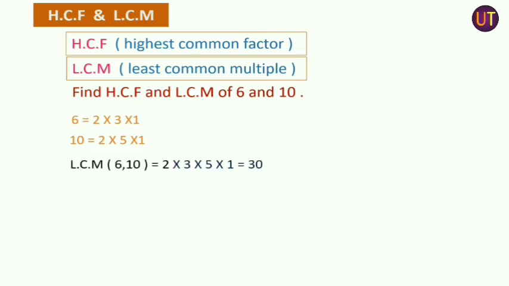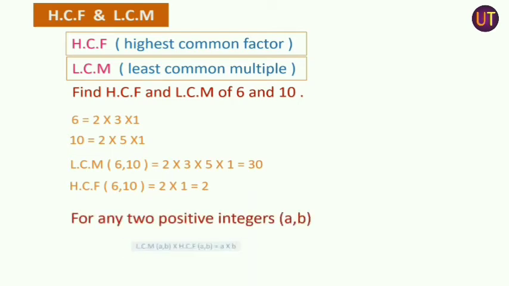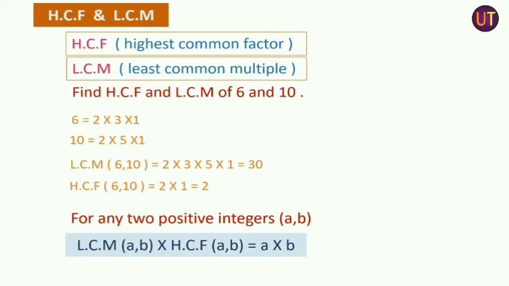So the LCM of 6 and 10 is 2 times 3 times 5 times 1, which equals 30. And for the HCF of 6 and 10, we see the common factors, which are 2 and 1. So the HCF of 6 and 10 is 2. Remember that the product of HCF and LCM is equal to the product of the two given numbers.